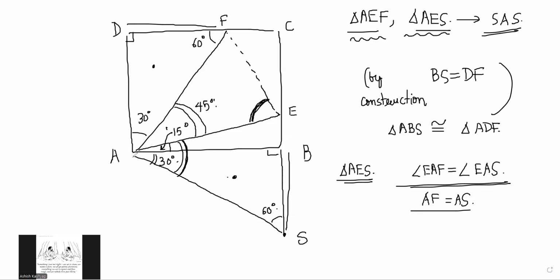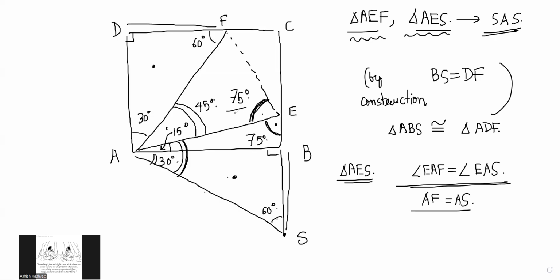So opposite to AS here would be this angle, right? 60 degree. What do you mean 60 degree? No, sir, the opposite one, angle AEB. This is the angle that matches this, not 60 degree. It is 75.